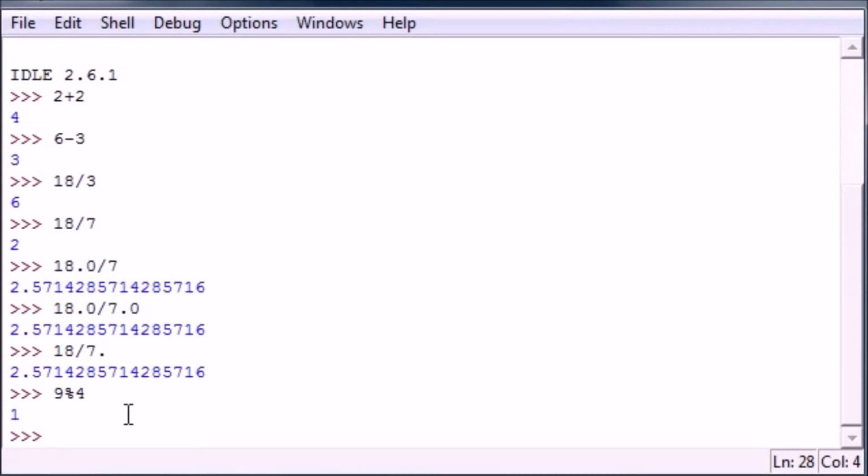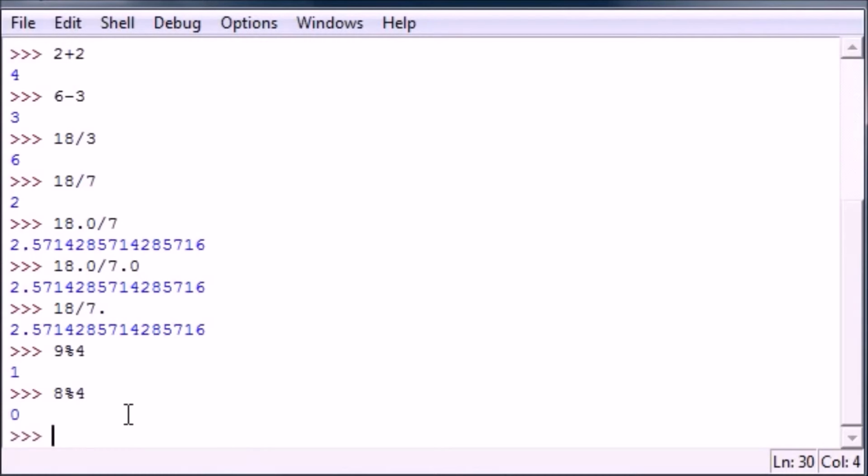So what if you take the modulus of something like 8 divided by 4? What's the remainder of that? It's 0. So whenever you press enter, voila, it gives you 0. Who would have thought? So you can even do one extra thing I just want to tell you about. You can even get a modulus of a float, like 8.75.